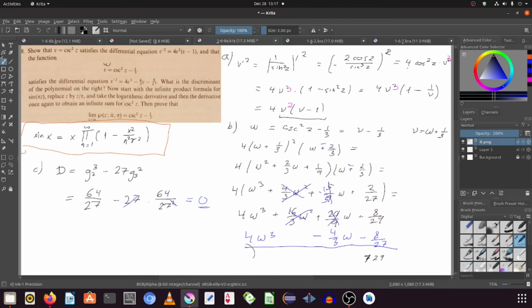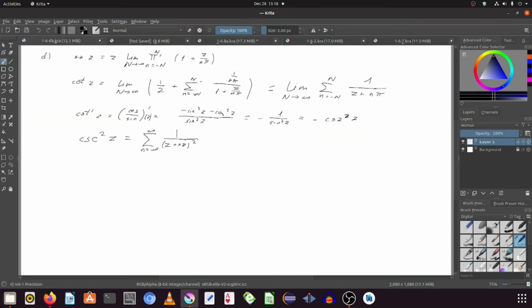Oopsie, that was not what I meant. I meant to put it out here, so it's the same differential equation. But I think I have a better idea, and that's to use the definition of the Weierstrass P function.